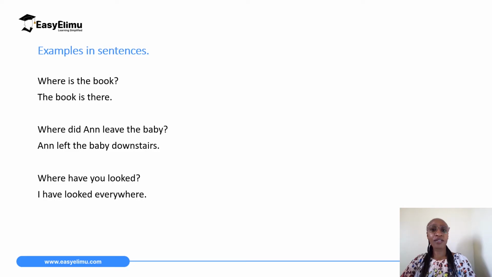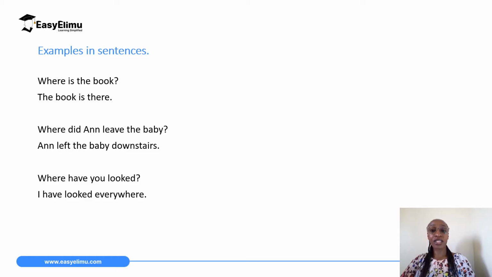So we can have a look at a few examples and attempt to identify the adverbs of place in those sentences. Where is the book? The book is there. In that sentence, the adverb there answers the question where. So it is the adverb of place. Where did Anne leave the baby?